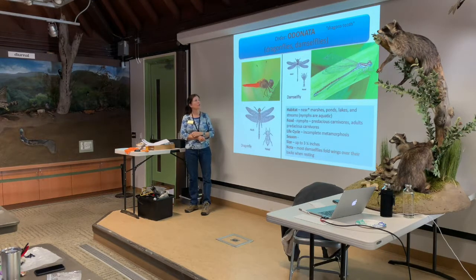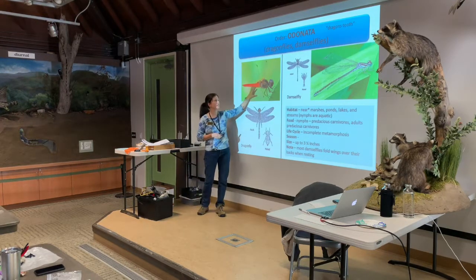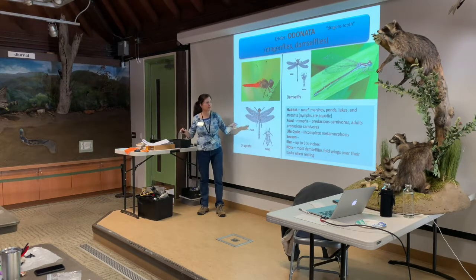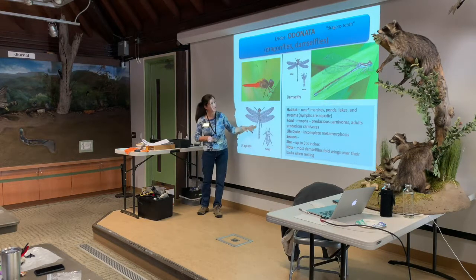Dragon's tooth, or the dragonflies and damselflies, Odonata. Once you've seen them in comparison, you won't mistake one for the other. The dragonflies tend to be a lot beefier, and how they hold their wings is a little bit different as well.